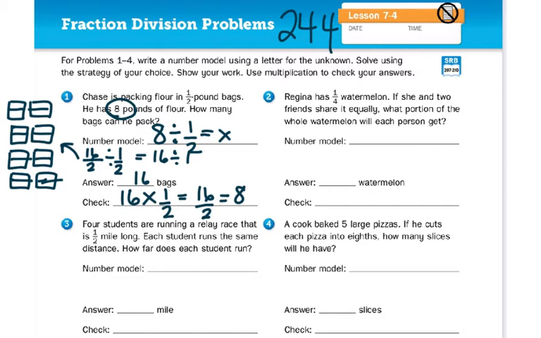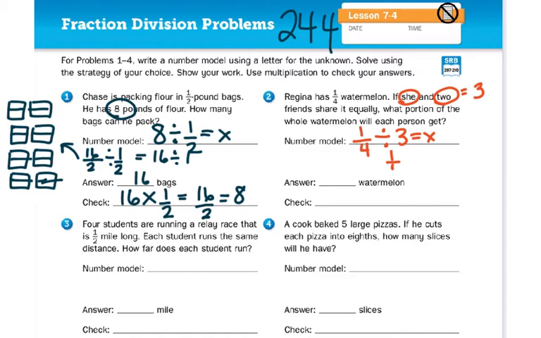Number 2, Regina has 1/4 a watermelon. If she and 2 friends share it equally, so there's 3 of them, what portion of the whole watermelon will each person get? So we're only starting with 1/4 of a watermelon. So we know that our answer, if we're dividing only 1/4 of a watermelon, is going to be a fraction. So we're going to divide that by 3 people.